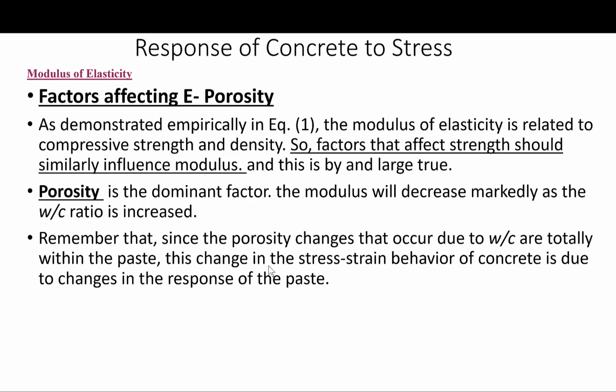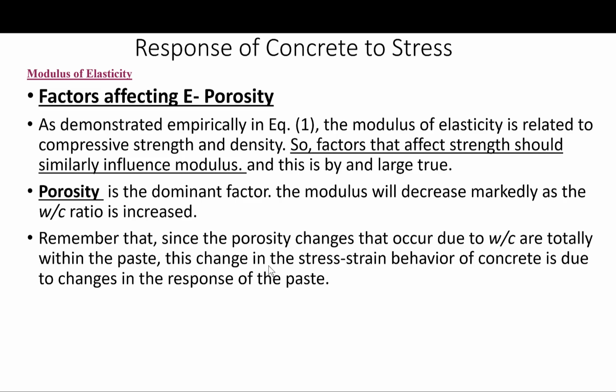As we said, in this equation the modulus of elasticity is related to the compressive strength and the density. So basically, factors that affect the strength should similarly influence the modulus. And this is, by and large, true, so keep that in mind. The dominant factor is, of course, the porosity, and the modulus will decrease markedly as the water-cement ratio is increased.